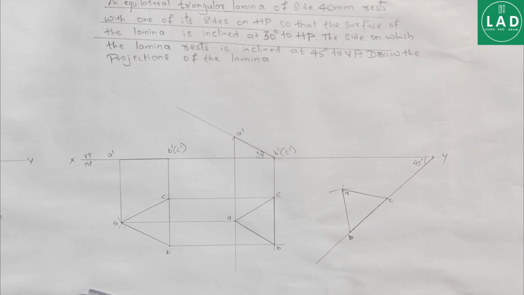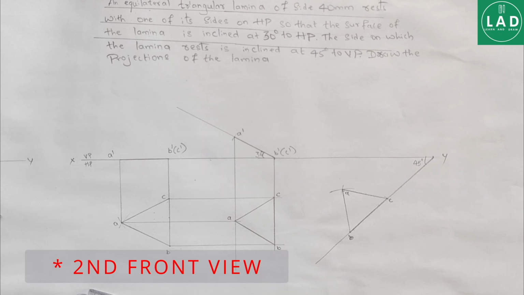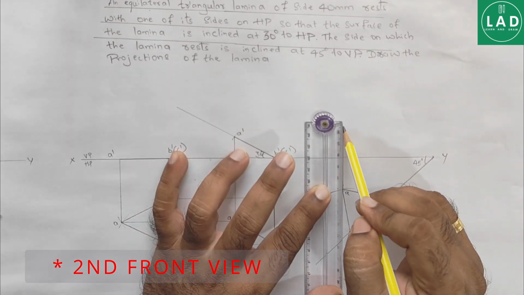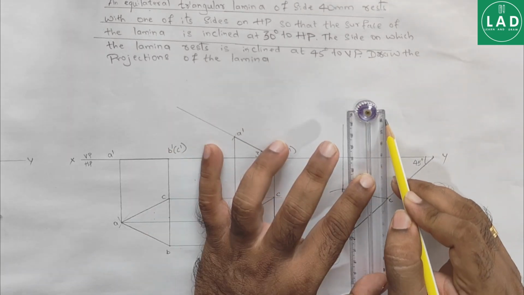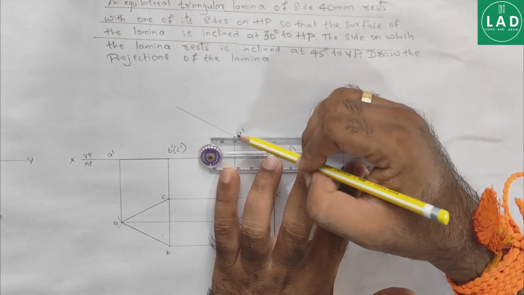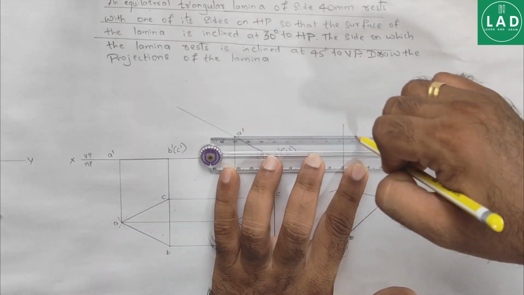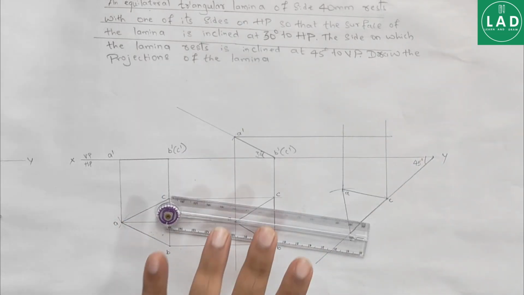top view. And to draw the front view, we have to draw the projection lines upwards from the top view and horizontal lines from the second front view. So now let's draw this. I will draw horizontal lines.